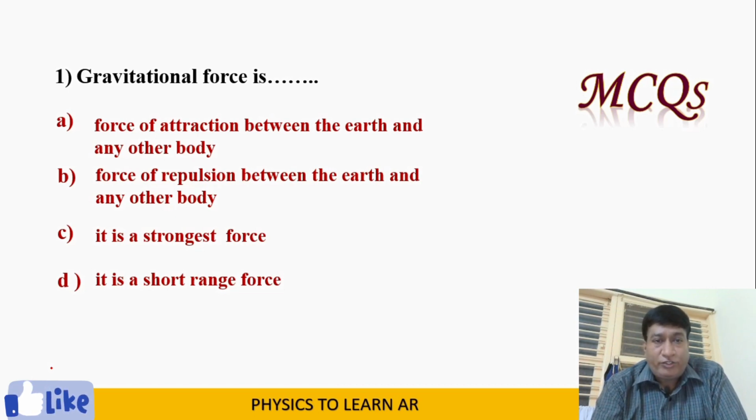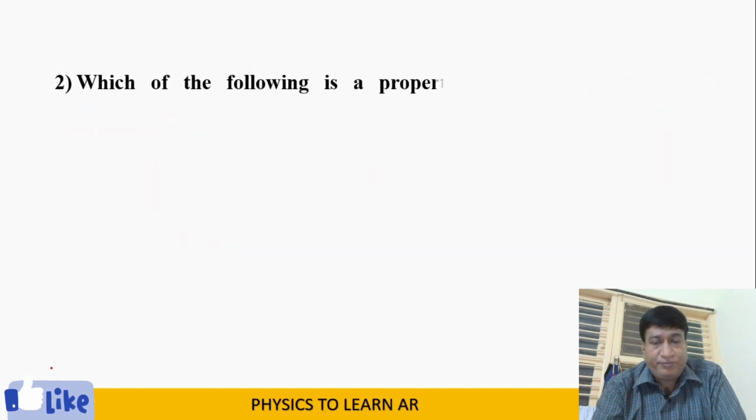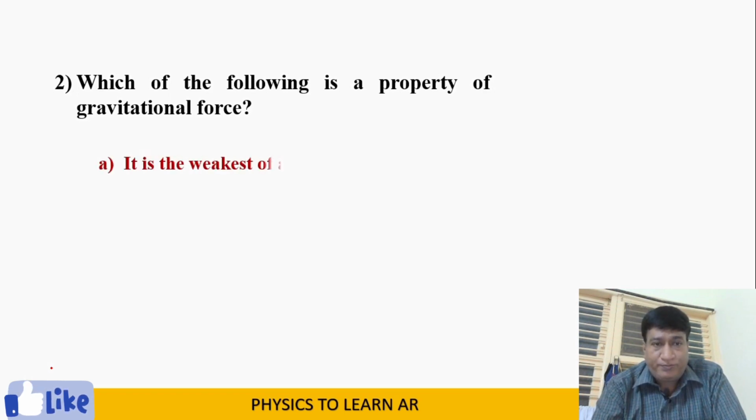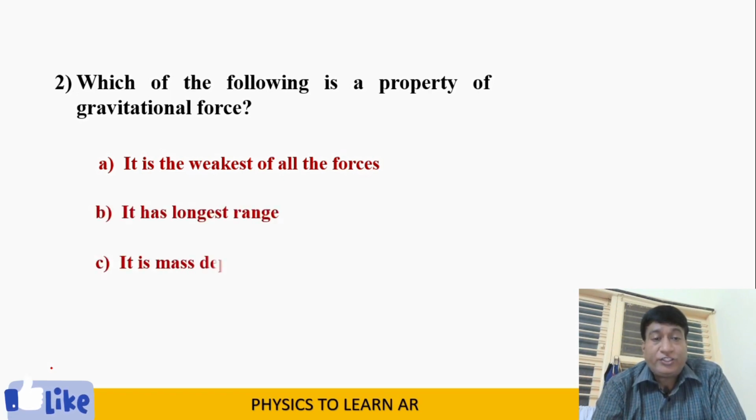So gravitational force is a force of attraction between the earth and the other bodies. Which of the following is a property of gravitational force? It is the weakest of all the forces. It has the longest range.